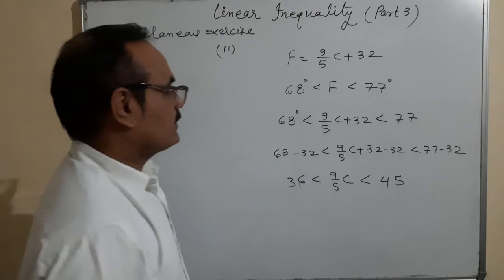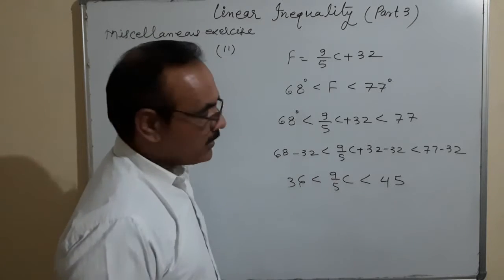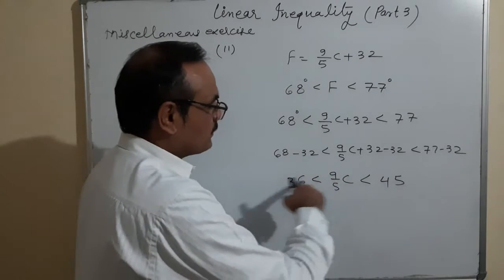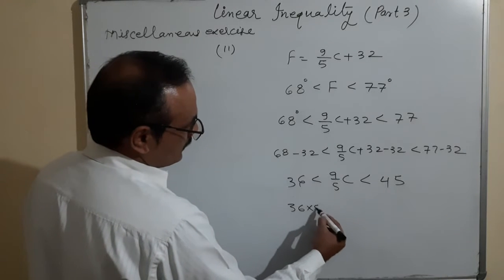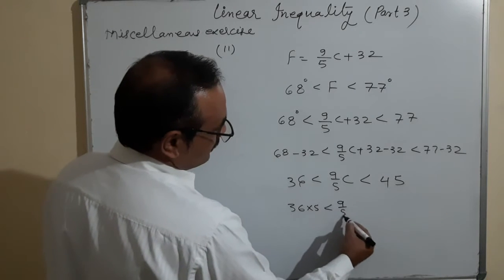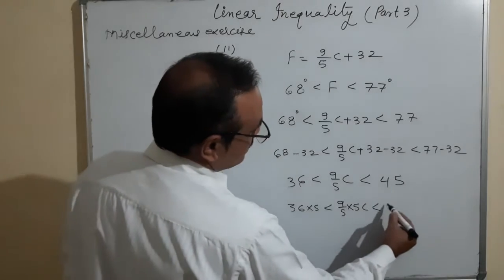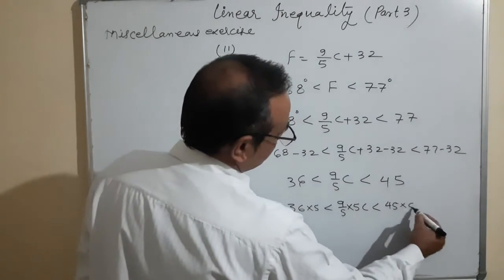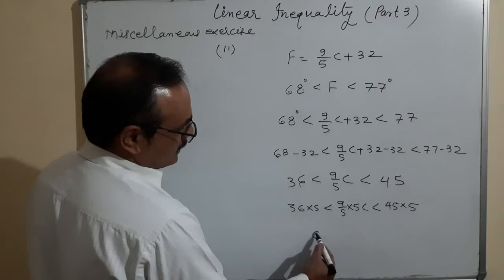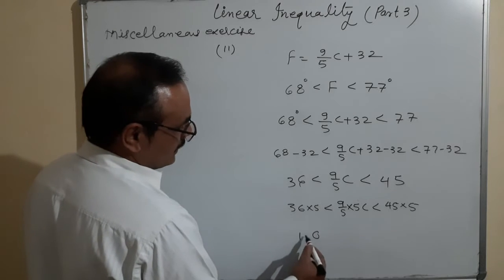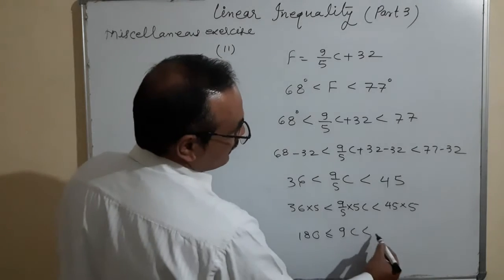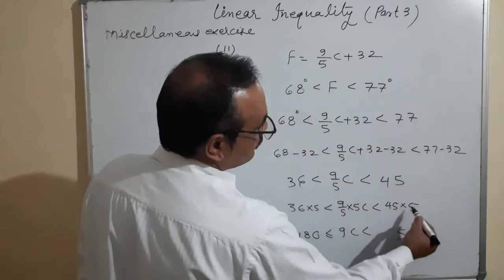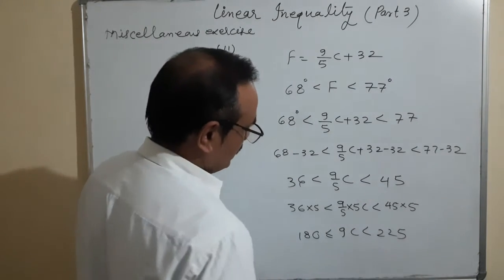Now what should be done? 9 upon 5 should be eliminated from here, so multiply by 5 on both sides. 36 into 5 is less than 9 upon 5 into 5C, which is less than 45 into 5. So 36 times 5 is 180, and the 5s cancel, so 9C is less than 45 times 5, which is 225.